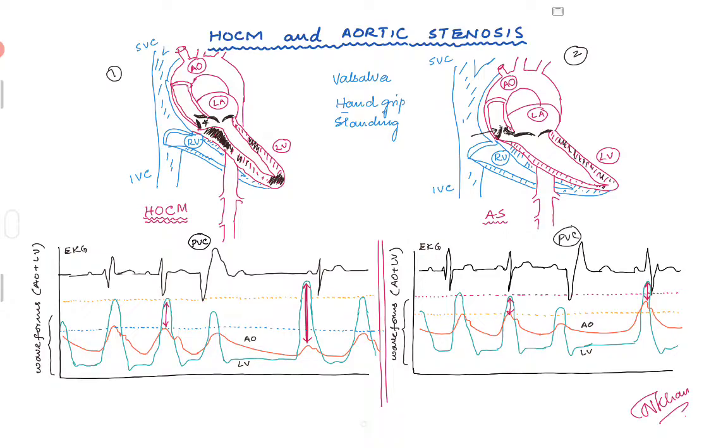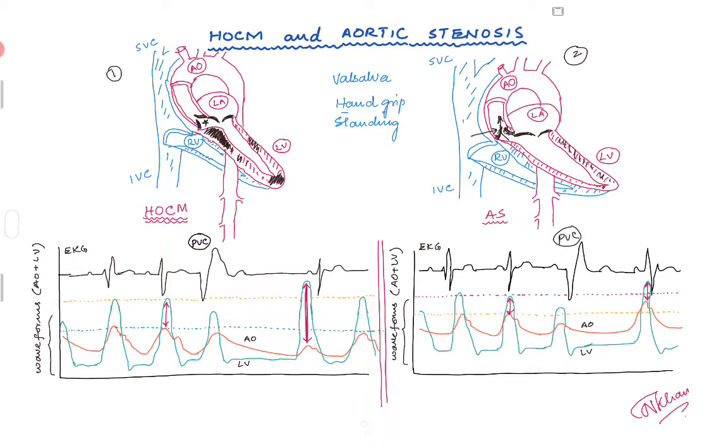So with that, I want you to understand that the basic physiology is that things that make that LVOT obstruction worse will increase the murmur in HOCM. And the things that will allow more work for the left ventricle to push the blood against that calcified valve will increase the murmur.